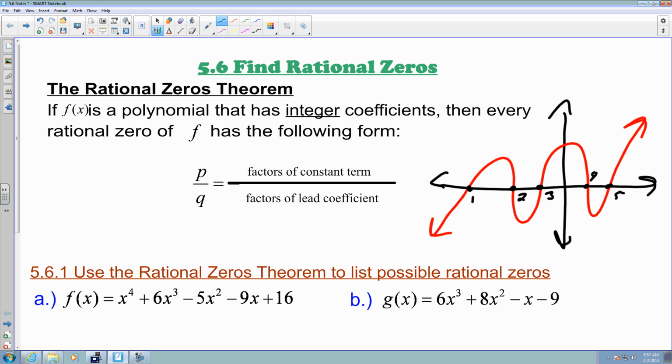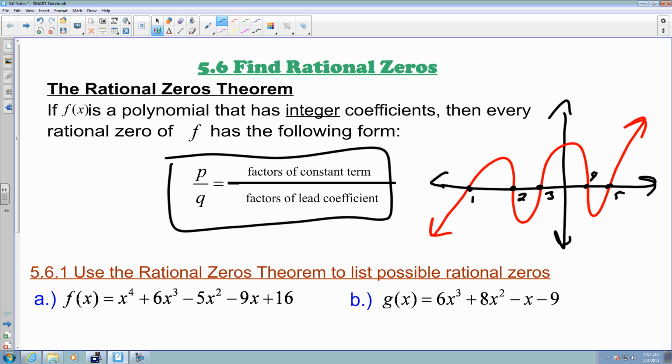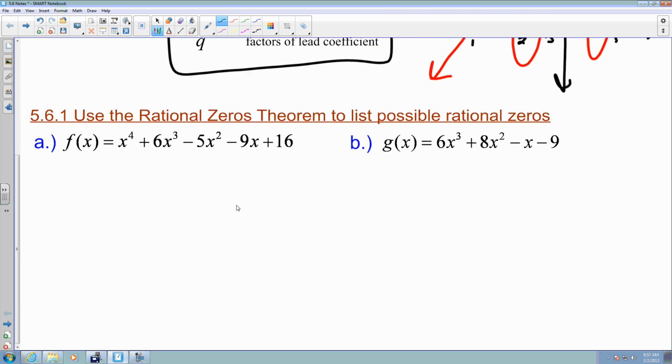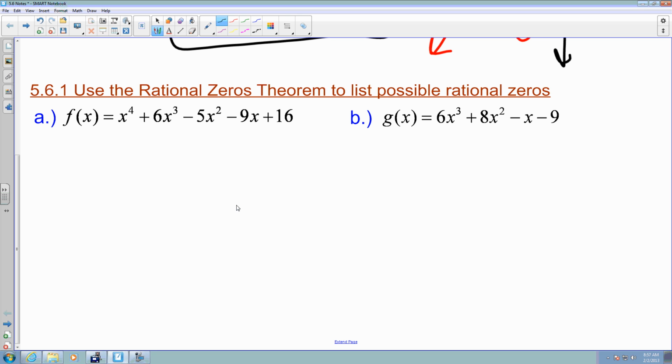For the most part, we can find them on the graph, but there is also a list of possible rational zeros, and we can find them all by using this format as long as our coefficients are integers. So in our examples, we're going to use the rational zeros theorem to list all the possible zeros.